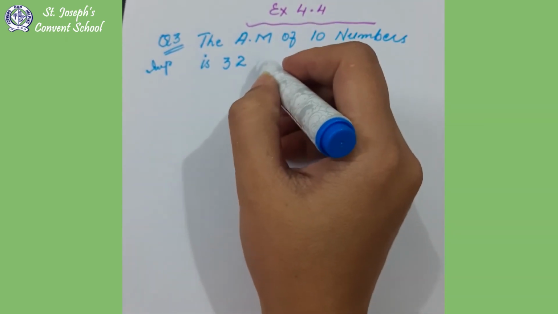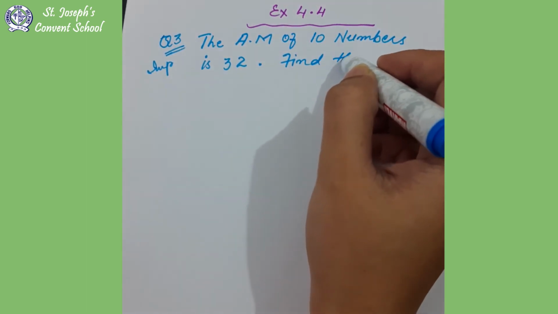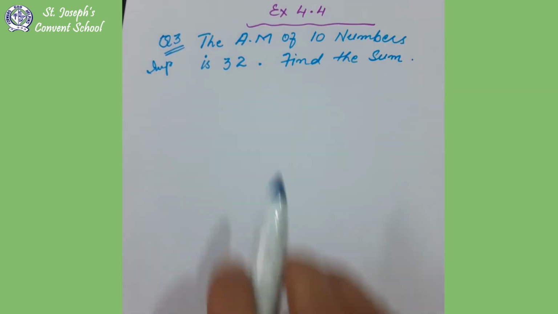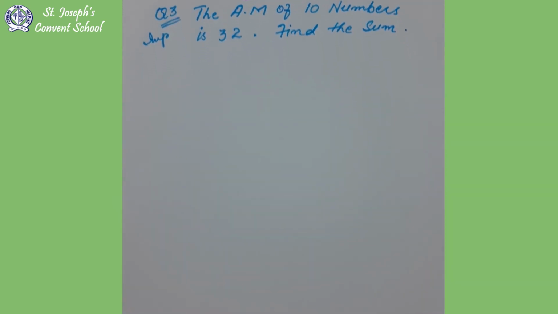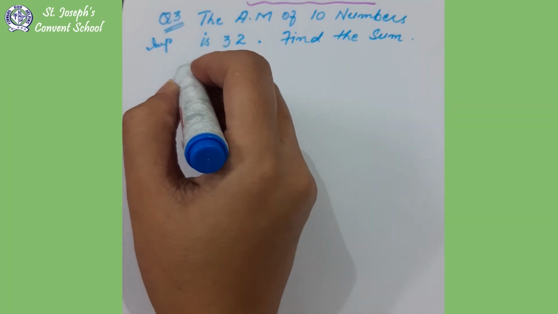What you have to do is find the sum. This is the question. Arithmetic mean of 10 numbers is given.